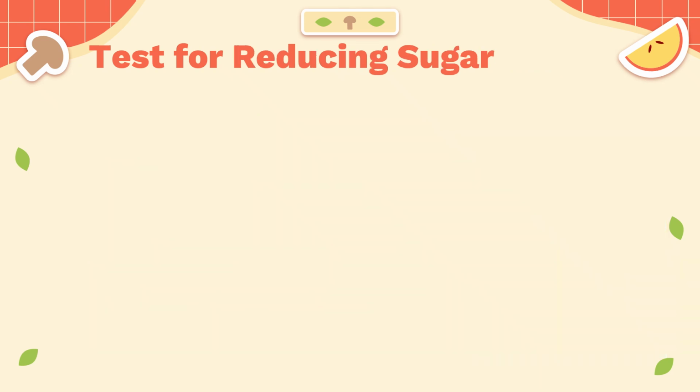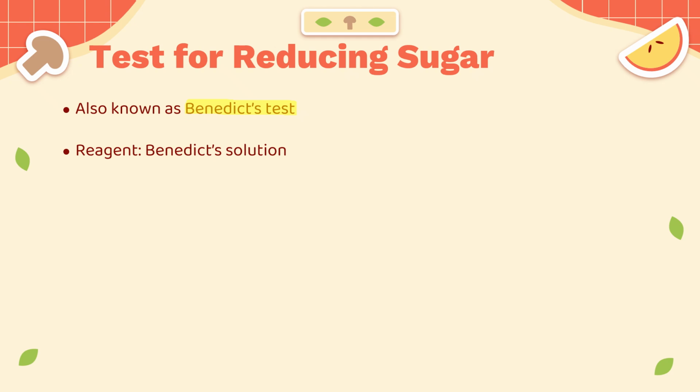The second test to remember is the test for reducing sugar. This is also known as Benedict's test. So if you see the question writing Benedict's test, then you should be thinking about this. The reagent used is known as Benedict's solution.